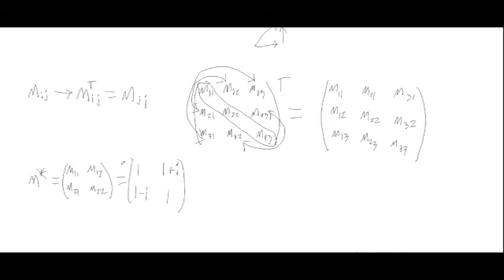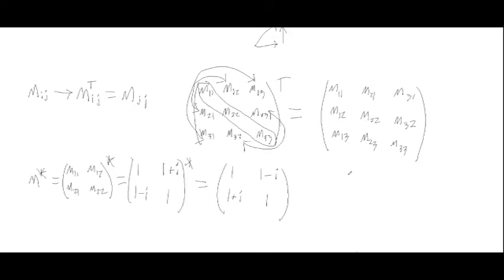And we are taking the complex conjugate of these. Then what we end up with is 1, 1 minus i, 1 plus i, and 1. And so we see that the sign on these changes.